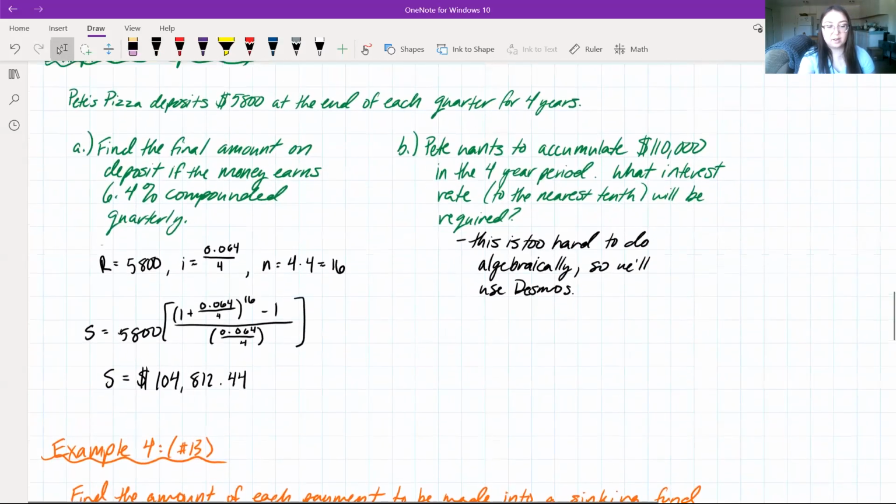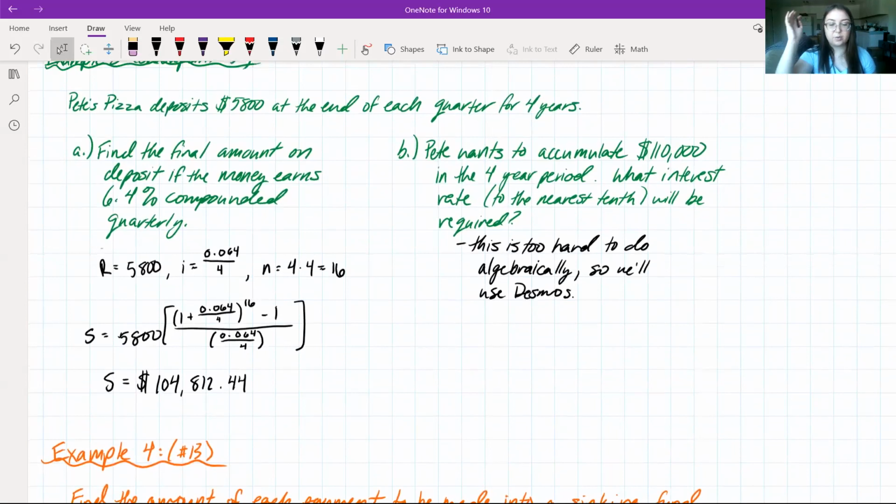So if we're depositing $5,800 at the end of each quarter for 4 years, and our money earns 6.4%, which we're compounding quarterly, we know that our final amount is going to be $104,812.44. Now, Pete wants to accumulate $1,100,000 in the 4-year period.